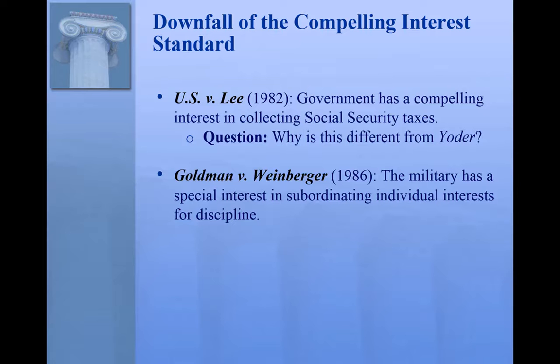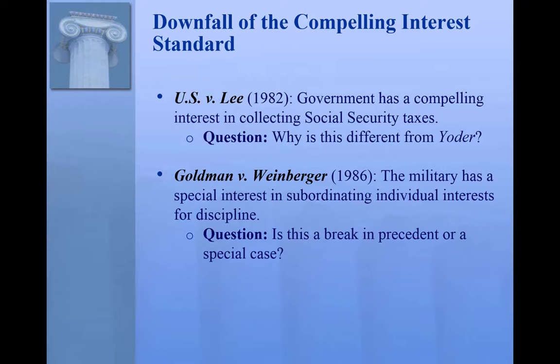But the military had a requirement that anyone who adorned their uniform in ways that were outside the required practice were violating the Uniform Code of Military Justice, and they were committing an offense, and they wouldn't be required to wear religious symbols or things like that. And so Goldman sues, and he sues Caspar Weinberger, also of the Jewish faith, who was Secretary of Defense under President Ronald Reagan. And the court rules in favor of the government, says that the compelling interest, the special interest, is in military discipline and order.